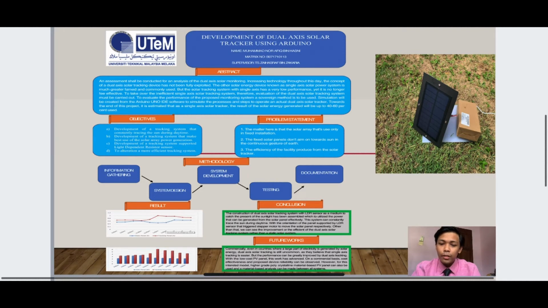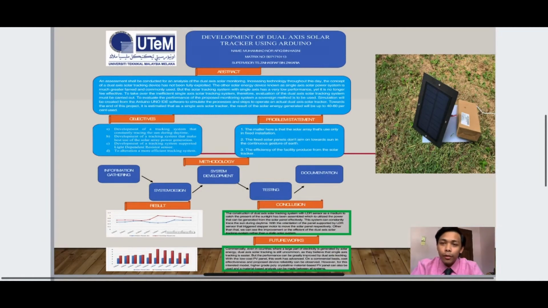The second, solar panels do not aim towards the sun as the earth moves continuously, because the static solar panel cannot follow the orientation of the sun towards the earth. Lastly, the efficiency of the power generated from the solar.